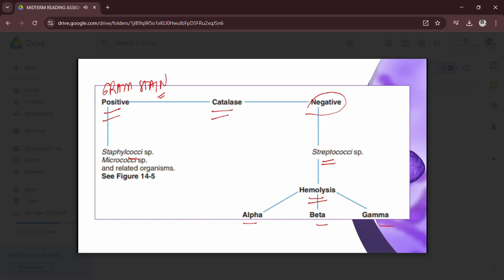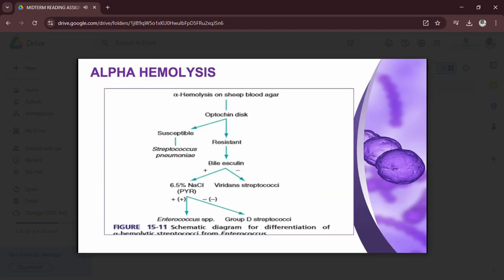If they are alpha hemolytic, you proceed with optochin testing. Optochin is an antibiotic, so the positive and negative reaction here is known as susceptible or resistant.